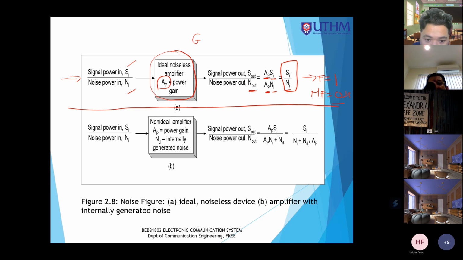Okay, so if you see a non-ideal case for picture B, tengok picture B untuk case non-ideal. Macam mana bentuk non-ideal? So non-ideal, you're going to see the difference is this one. The device, in this case is amplifier, produce internal noise, what we call as ND. So this device produce additional noise, which is the internal noise.